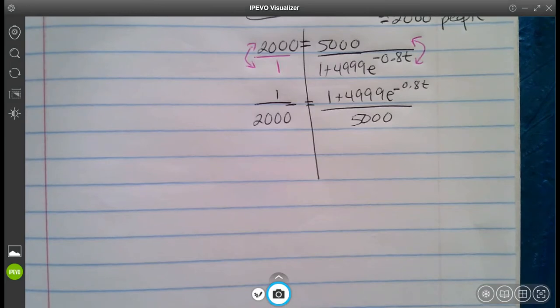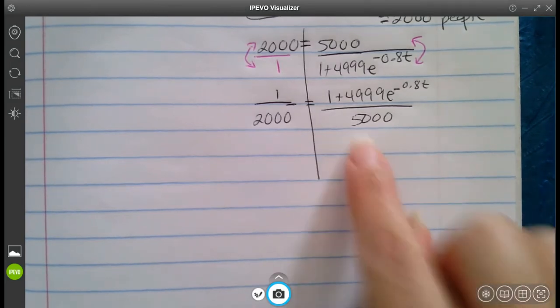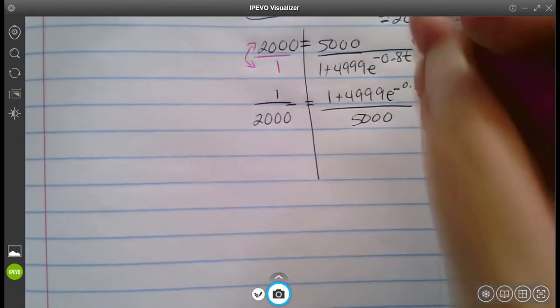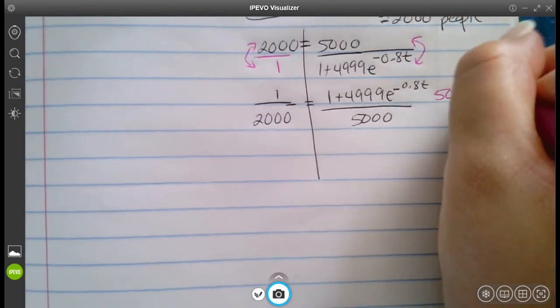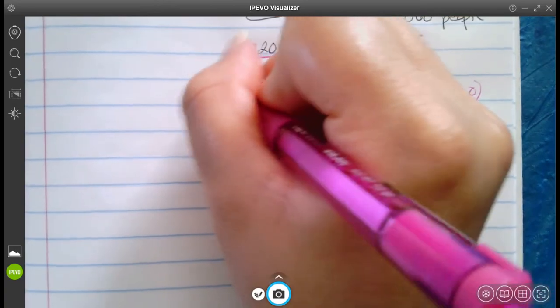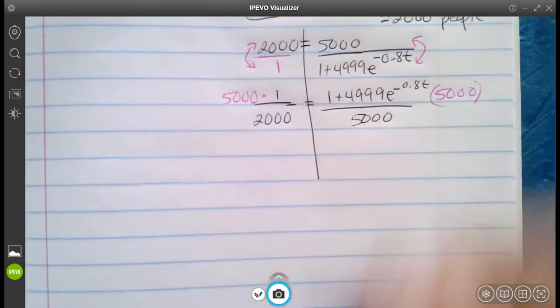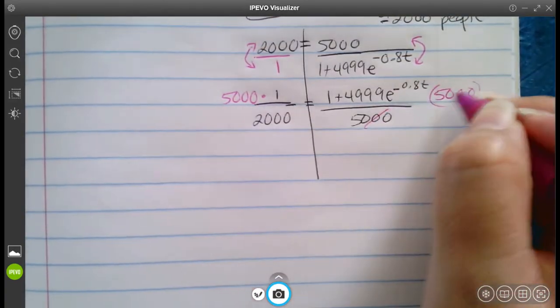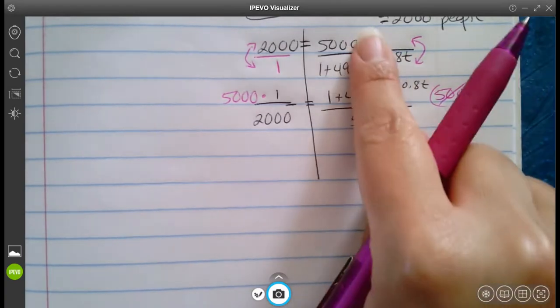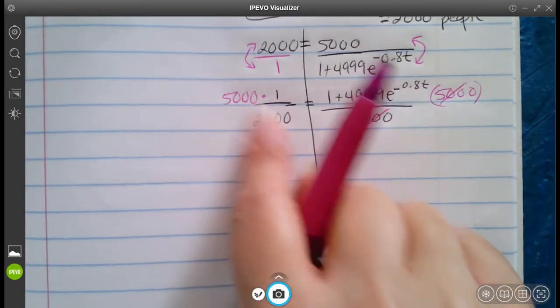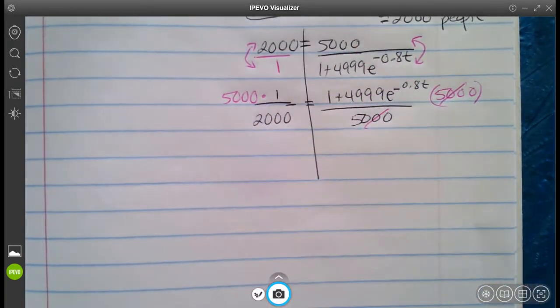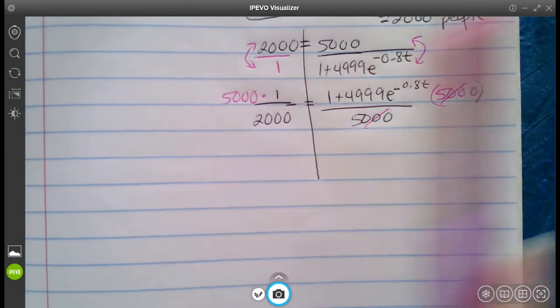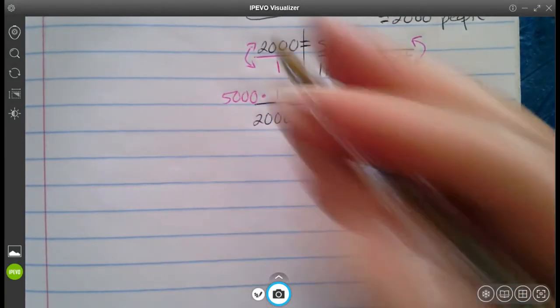Okay. And what this does is just visually, it's a little bit easier for me to see, because now I know that to get rid of 5,000, I can multiply both sides by 5,000. And that will get rid of it on this side for me. And I could have just divided it as well, but this just looks a little bit easier to do. So 5,000 divided by 2,000, I believe, is 2.5.